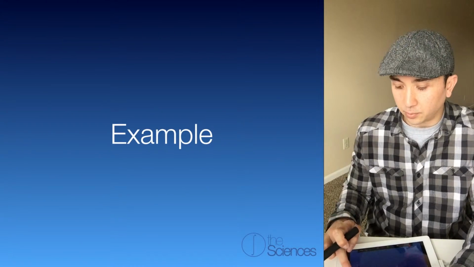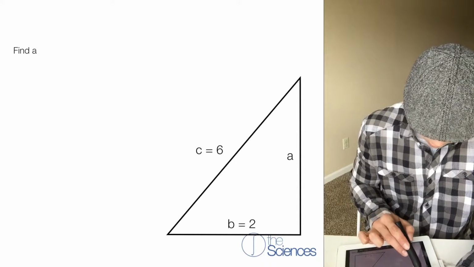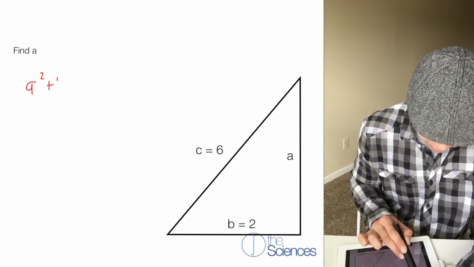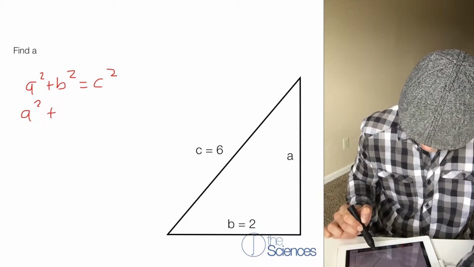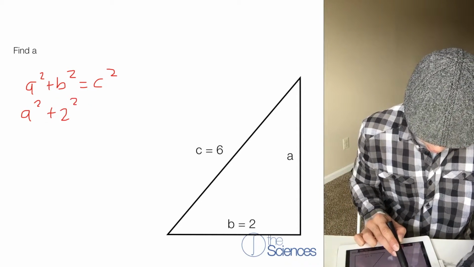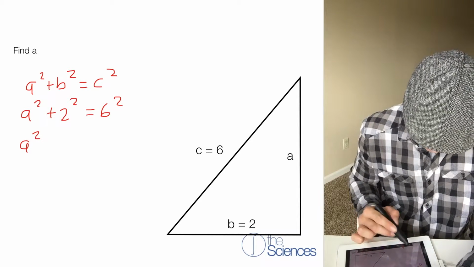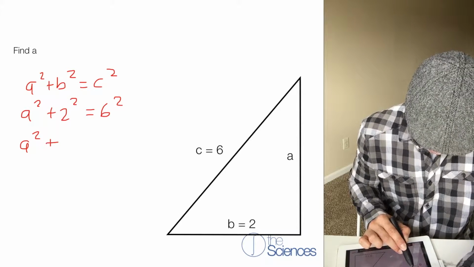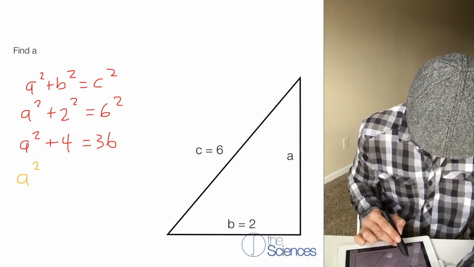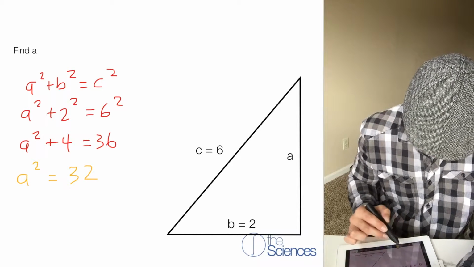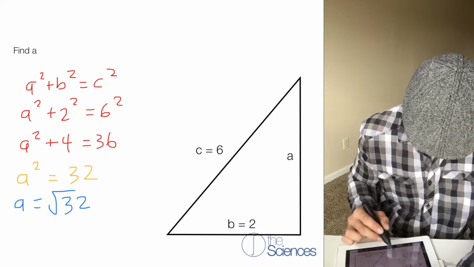So let's do an example. Let's find a. So we have a squared plus b squared equals c squared. So we have a squared plus 2 squared equals 6 squared. So a squared plus 4 equals 36. So now we have a squared equals 32, or a equals the square root of 32.